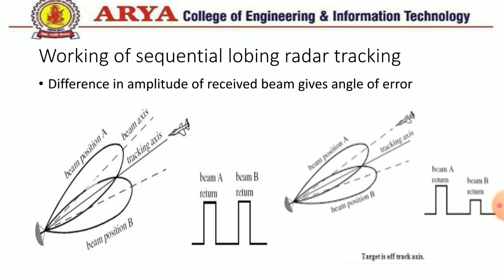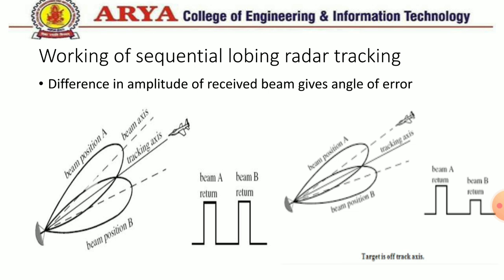The reason is the object's angular orientation is similar with respect to beam A as well as beam B. So the received signal by beam A and beam B of the antenna will have equal magnitude.